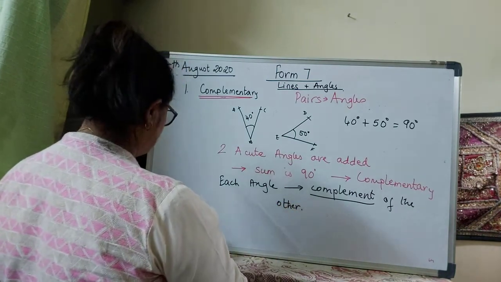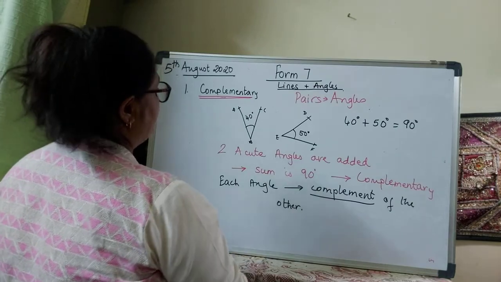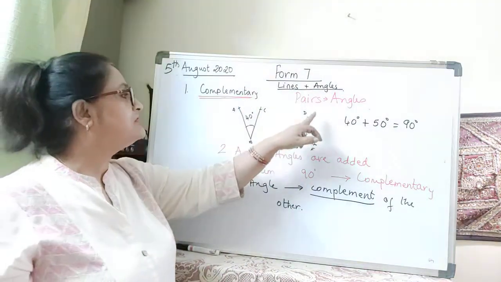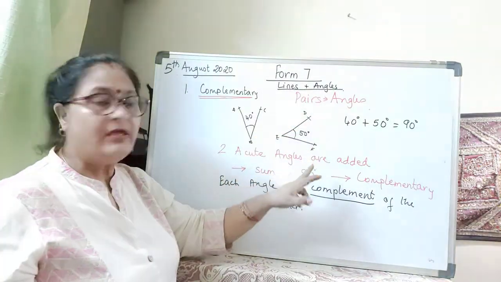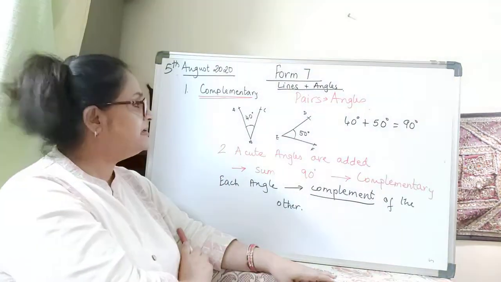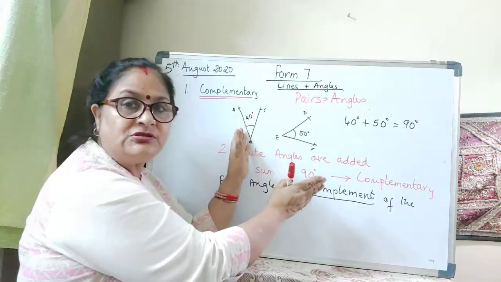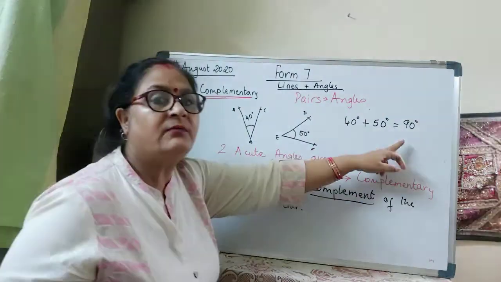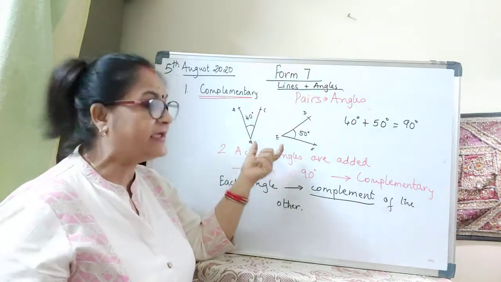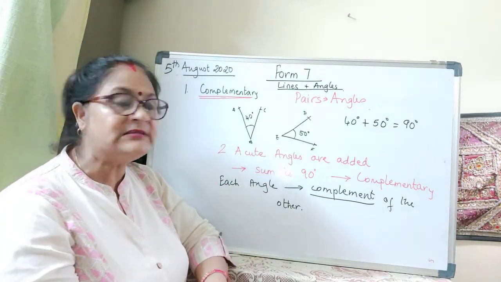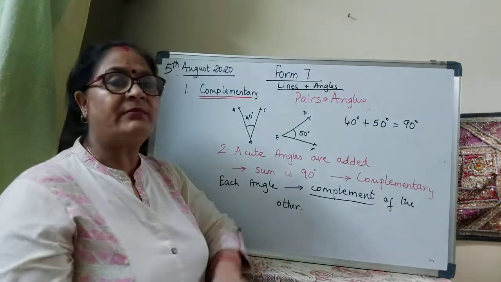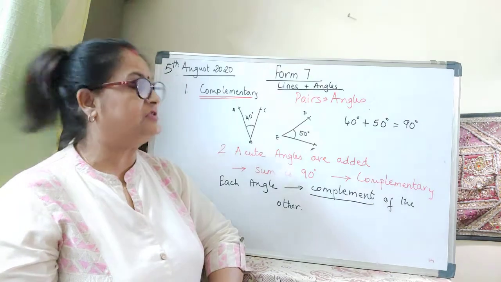Angle ABC is a complement of angle DEF. Angle DEF is a complement of angle ABC. Because if I add the two angles, I will get 90 degrees. So if the sum of two acute angles gives you 90 degrees, then it is a complementary angle, and each of them is known as the complement of the other.